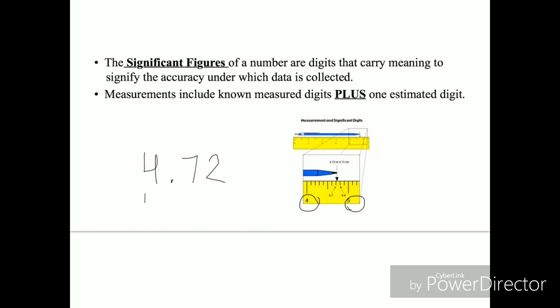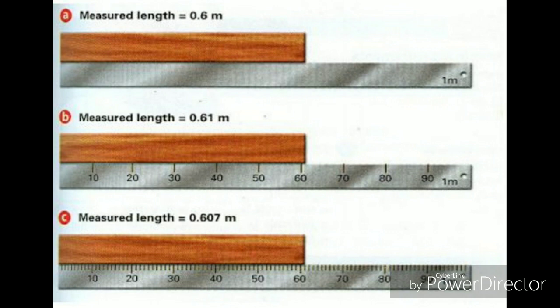Now, if you write either of these measurements, they are both correct because an estimate should vary from person to person. The number of significant figures is just a technique of reporting measurements. It is best illustrated in this example where we have the same length measured by 3 different instruments.